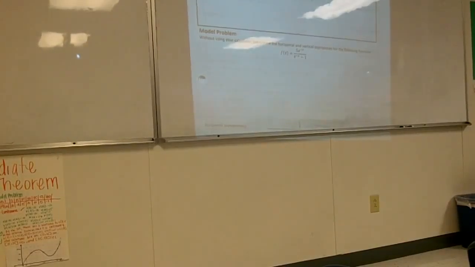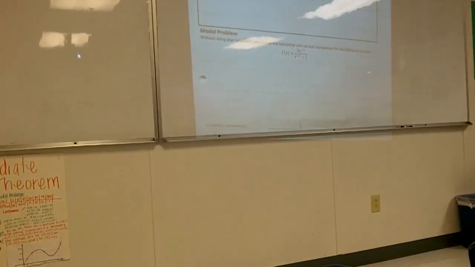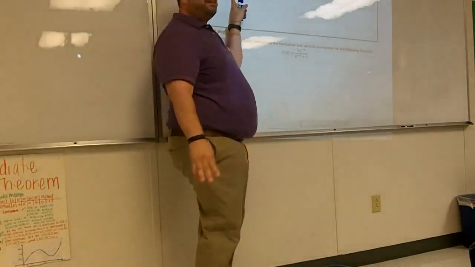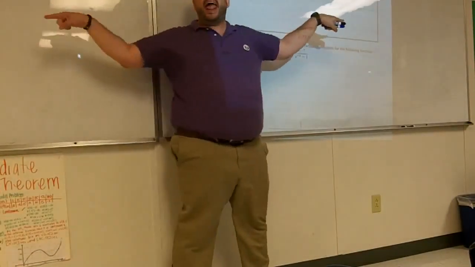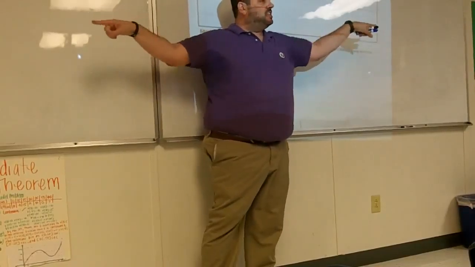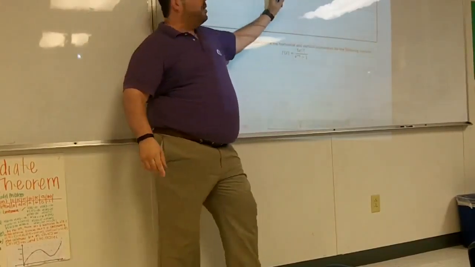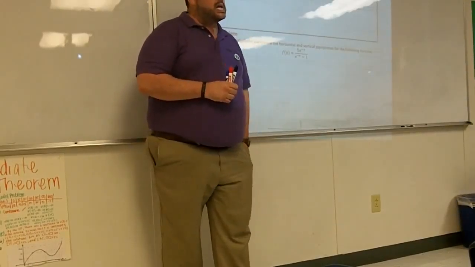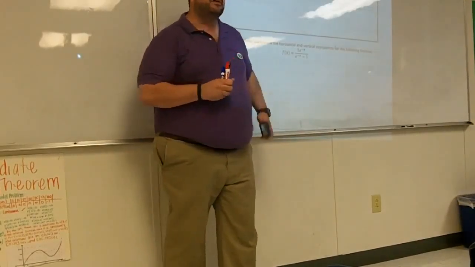What does that mean? Juan, what does that mean? It means that you have a hole. What does it mean? You find the limit as x approaches either positive or negative infinity. Your x values are heading off to one of the infinities. The y values approach 5. What does it mean? Think about the graph.